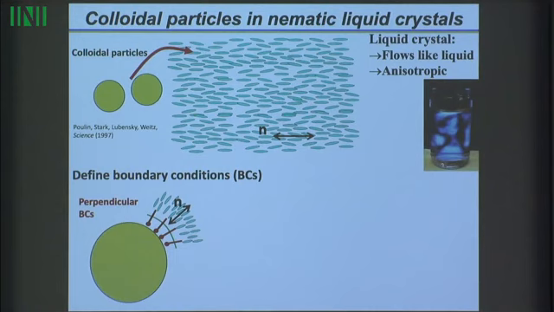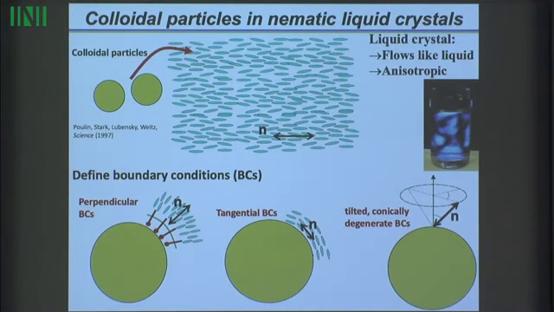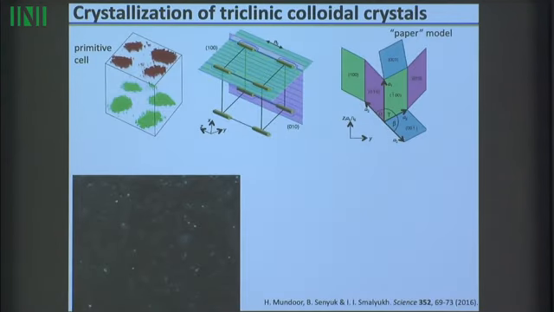But that allows you to control the surface boundary conditions on these particles to be perpendicular, tangential, or even conically degenerate. So you can, with that, define a lot of different types of behavior.